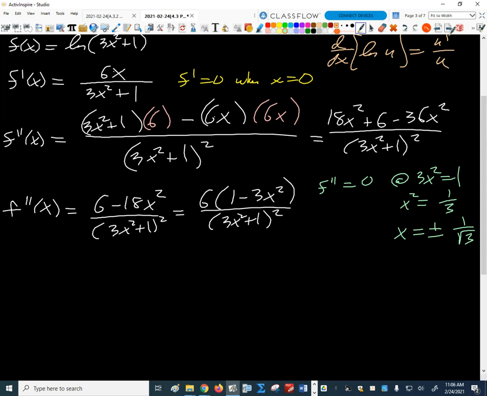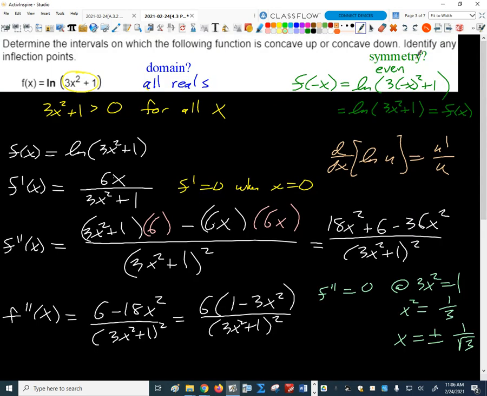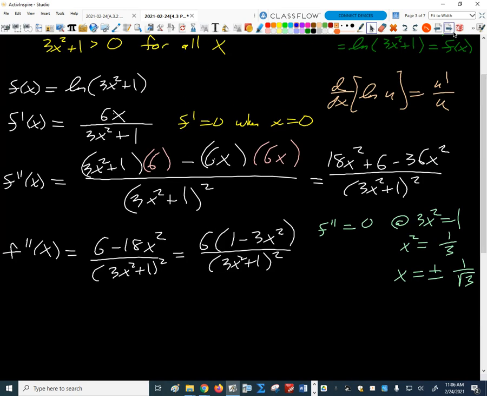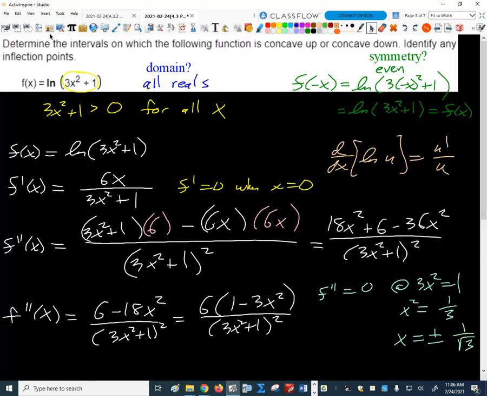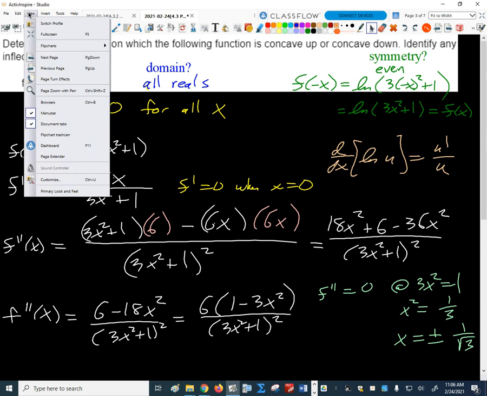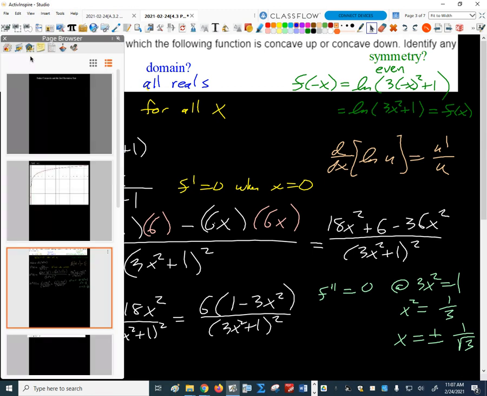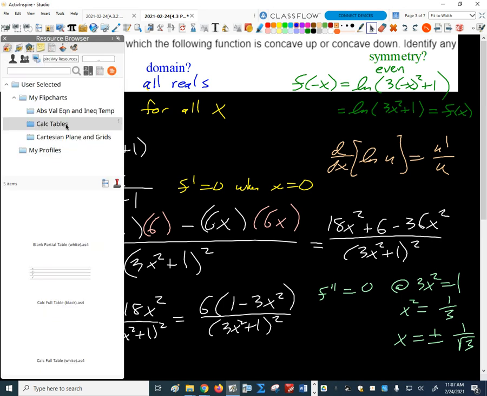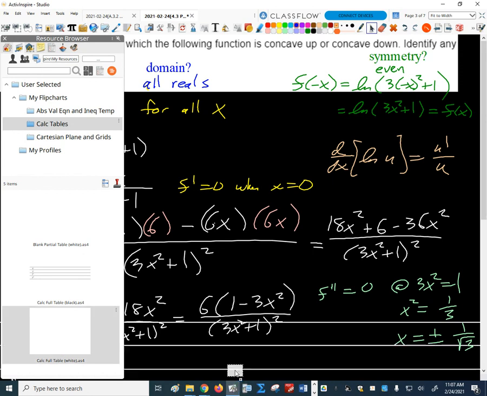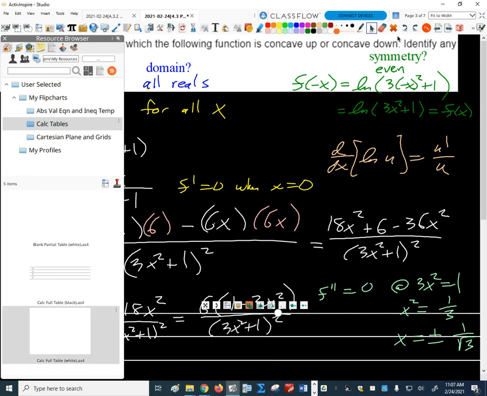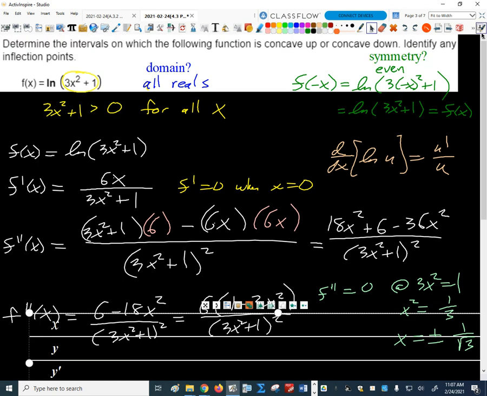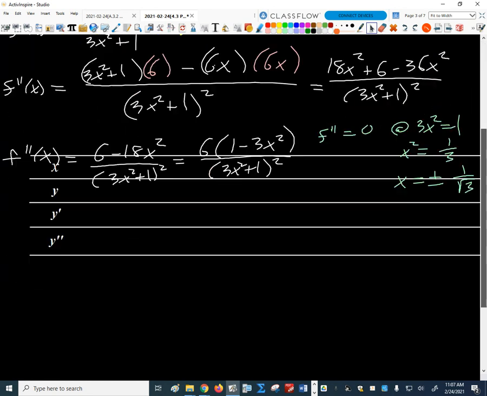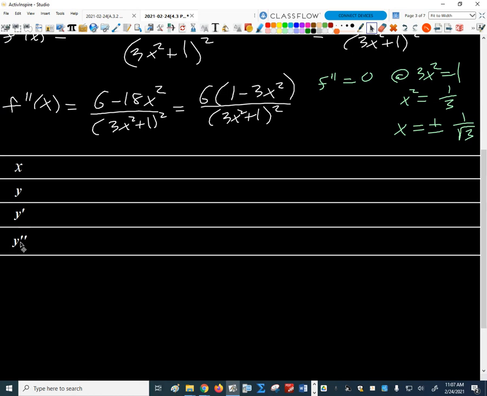Okay, so now let's make our table. Okay, so there's our table.